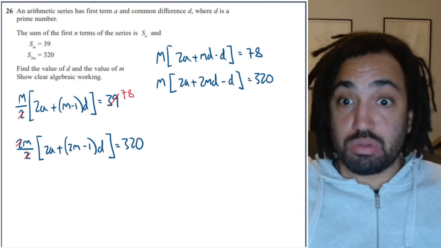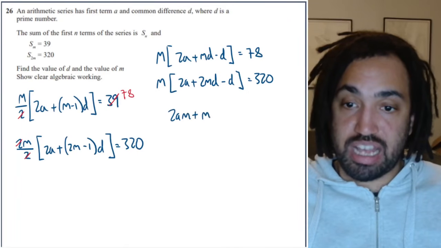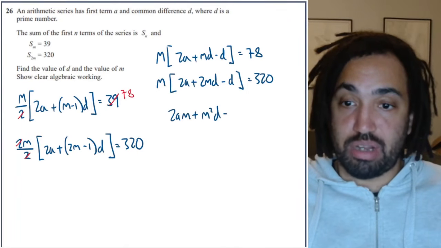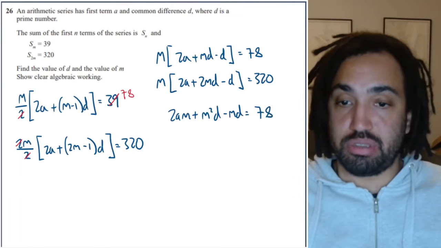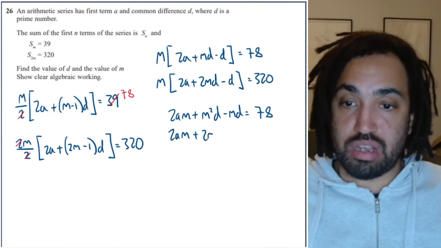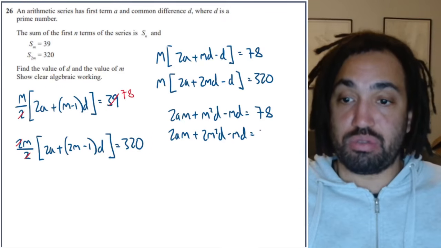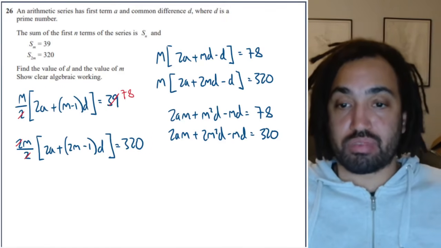Okay, now I'm going to multiply out the brackets, so I'm going to get 2am plus m squared d minus md equals 78, and the bottom one I'm going to get 2am plus 2m squared d minus md equals 320.